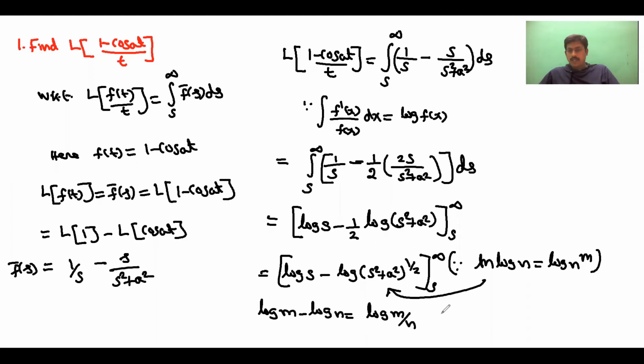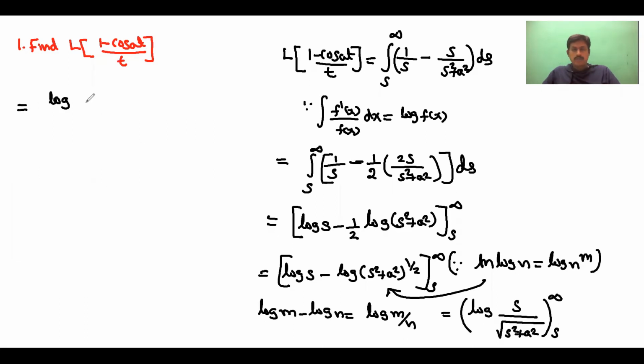We can rewrite the above term as log of s divided by square root of s square plus a square, the limit s to infinity. We can rewrite the term as log s; from that square root, I am going to take one s square out. The square root of s square becomes s, then square root of 1 plus a square divided by s square, the limit s to infinity.